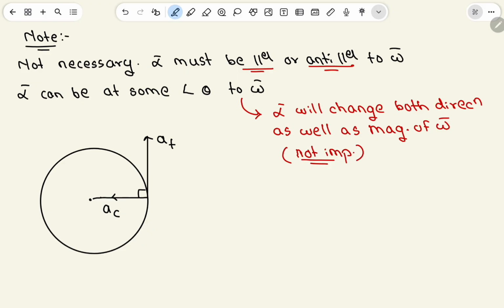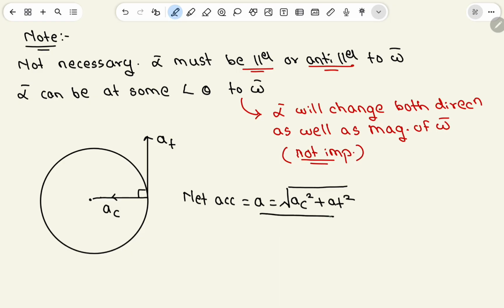AT is tangential, centripetal acceleration is radial, therefore they both are perpendicular. Now the net acceleration which we call A is nothing but the vector addition of this centripetal acceleration and tangential acceleration, and since these both accelerations are perpendicular, the net acceleration can be written as under root AC square plus AT square. Why? Because they both are perpendicular.